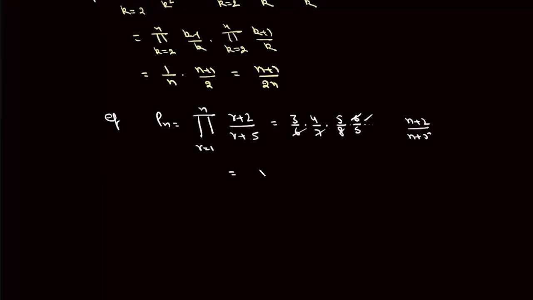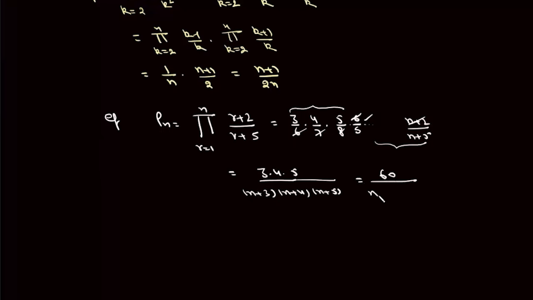In the numerator, we'll have 3 into 4 into 5. And since the first 3 terms did not cancel in the numerator, there'll be 3 terms in the denominator in the end which will not get cancelled. So it'll be N plus 3, N plus 4, and N plus 5. So basically it is 60 upon (N plus 3)(N plus 4)(N plus 5).